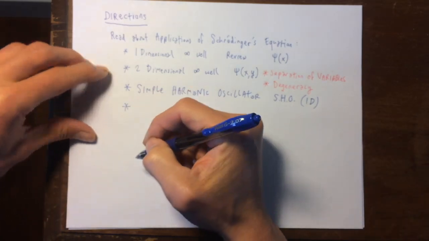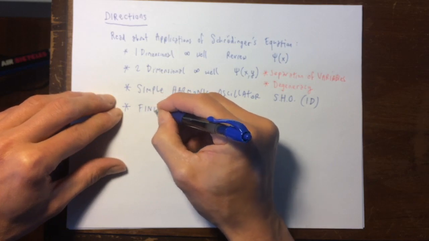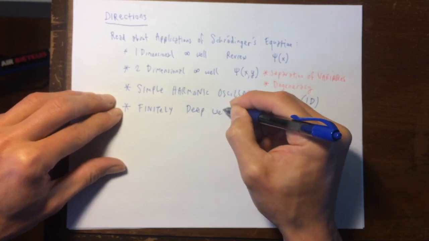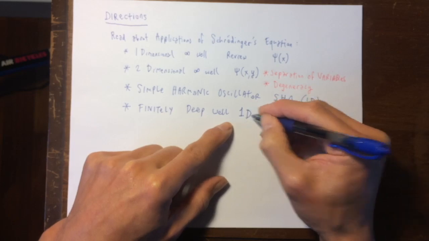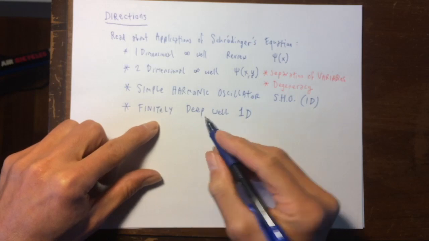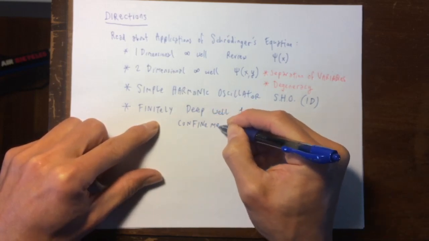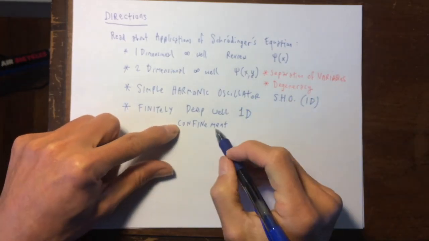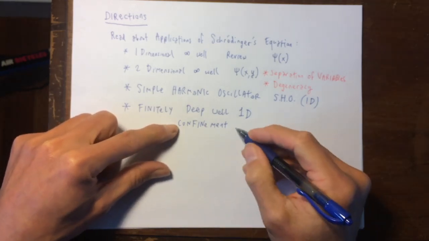And then the last thing you're reading about is the finitely deep confining well in one dimension. Interestingly, for some energies, you will have confinement, that is, the probability of discovering the particle far away from the center of the well goes to 0 as you go further and further out from the center of the well.